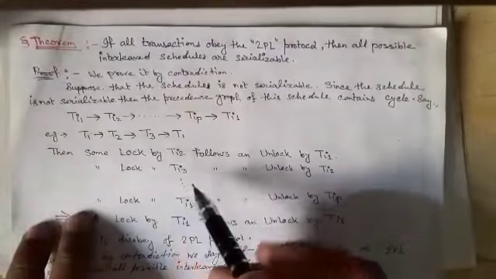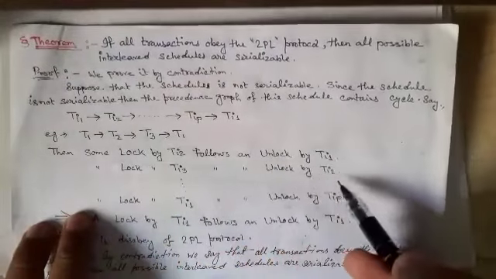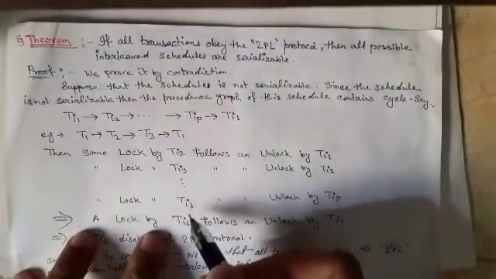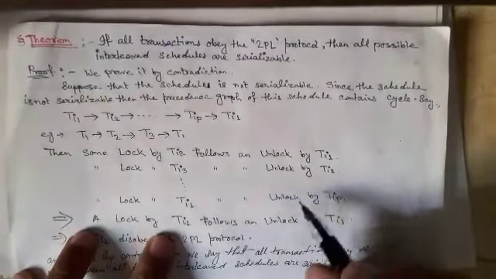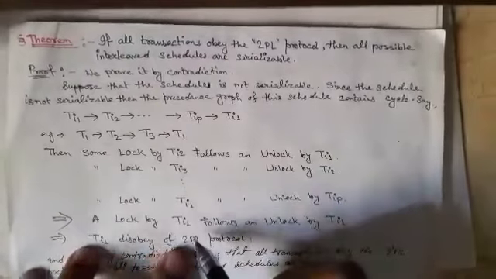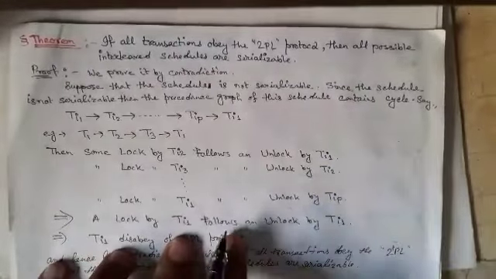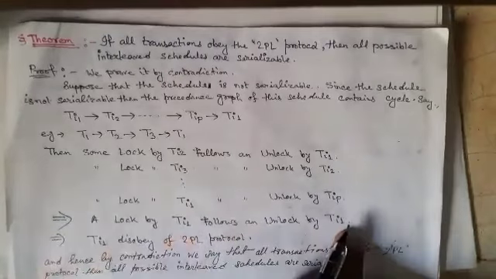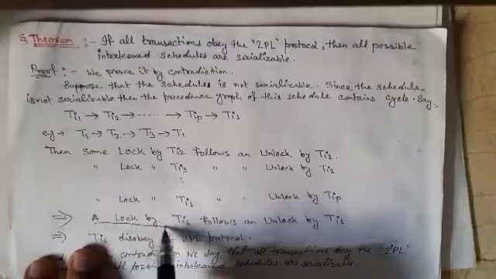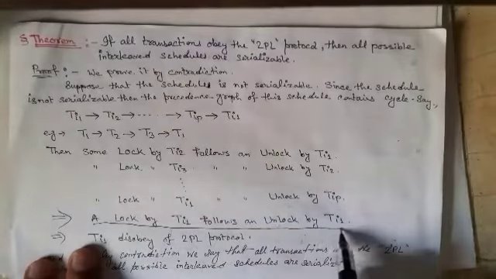Similarly, some lock by Ti3 follows an unlock by Ti2. Similarly, dot dot dot, some lock by Ti1 follows an unlock by Tip, so a lock by Ti1 follows an unlock by Ti1.